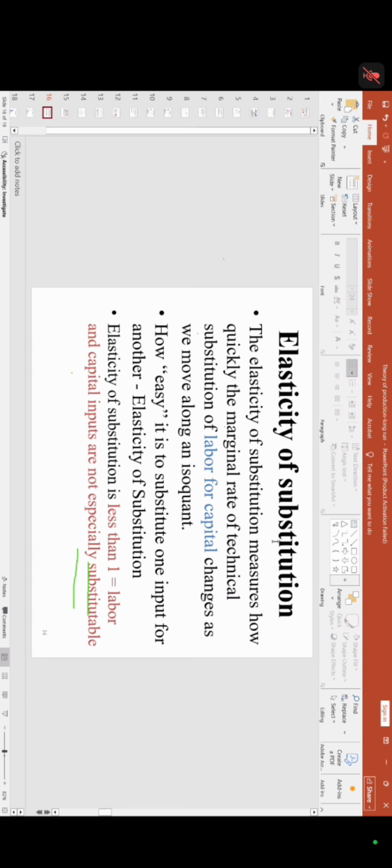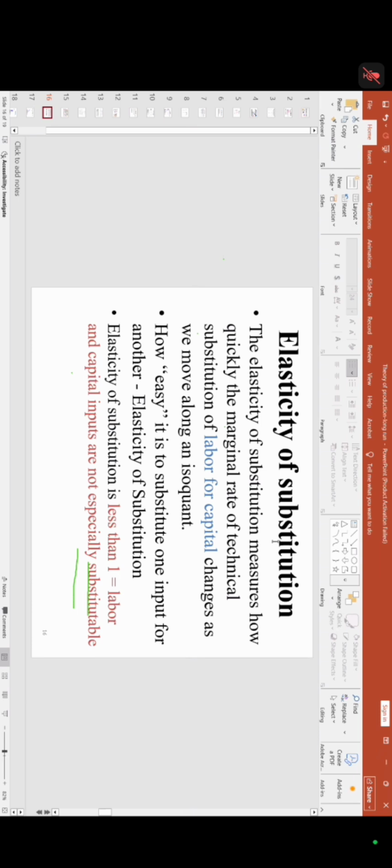So the response rate of one thing due to a change in another. If there's a change in the price of a particular good, how much change is there in the quantity? Same like in this long run production also. So this explains the elasticity like this. So substitution, how much response?